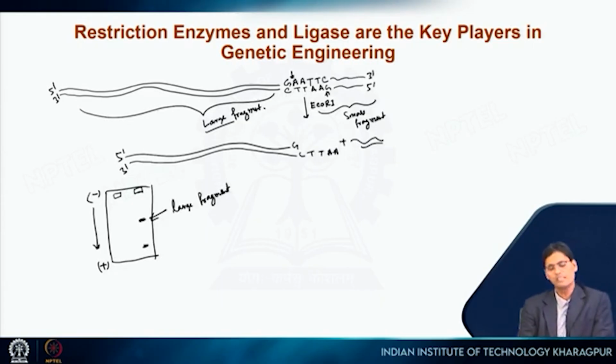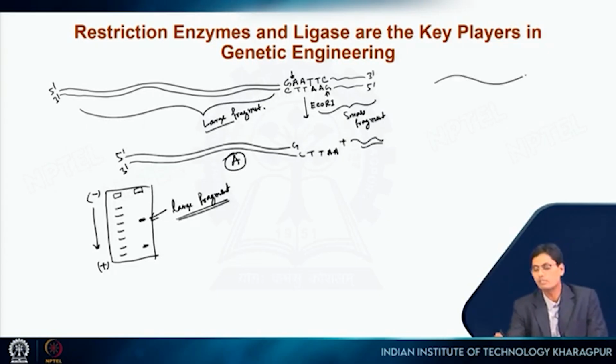Now you can load here some ladder whose molecular weight you know. On the basis of that, you can detect your fragment of interest. Now the question is, if this large fragment is fragment A, now you have another DNA molecule. I am not writing the sequence here.